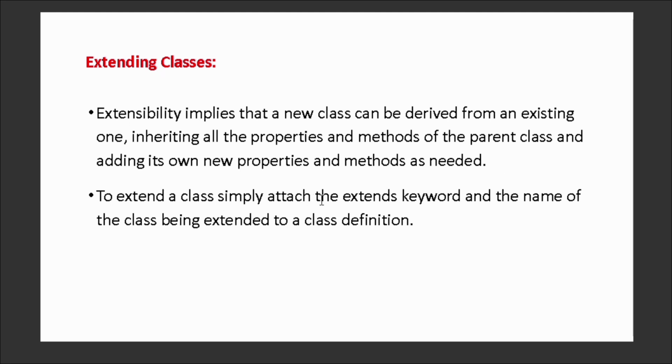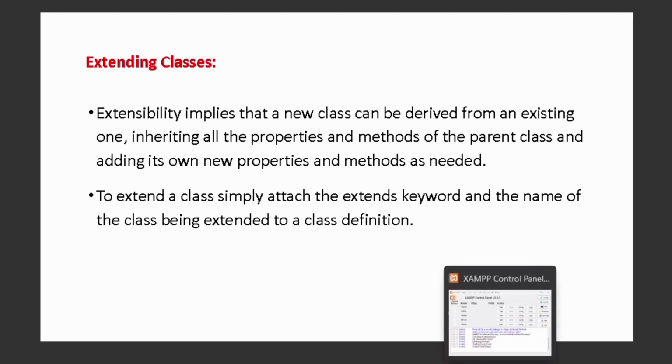To extend a class, simply attach the extends keyword and the name of the class being extended to the class definition. Extensibility means designing your classes so they can be extended or reused without rewriting existing code. In PHP, this is mainly done using inheritance. You create a base class with common features, then extend it with child classes that add or customize the behavior. Now we will see an example of this.